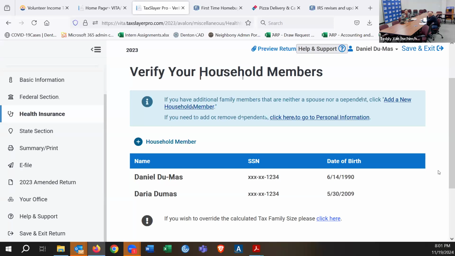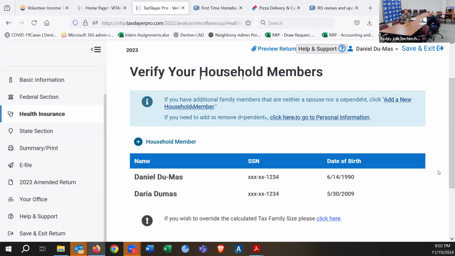If there is someone on the Affordable Care Act healthcare plan that does not appear on the tax return, then that is a split reconciliation of the Affordable Care Act premium, and that is outside of our scope.